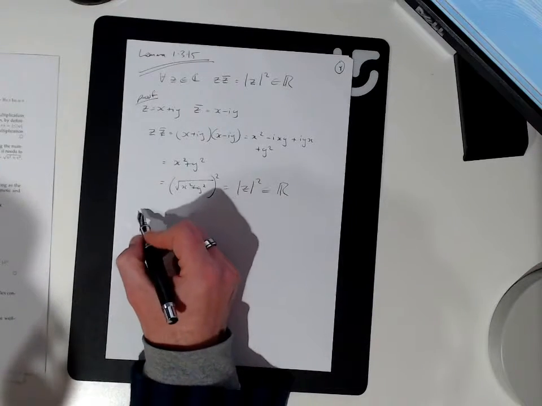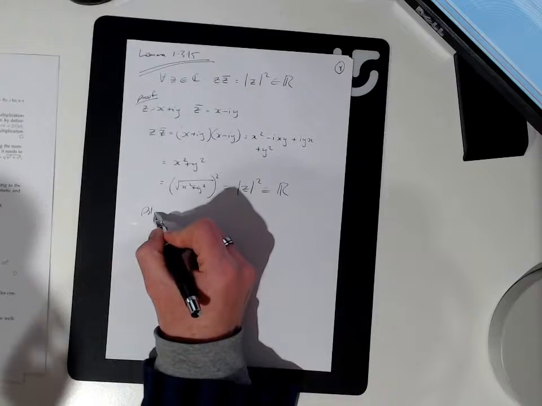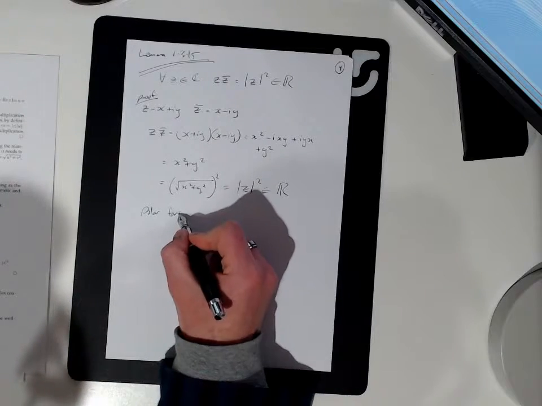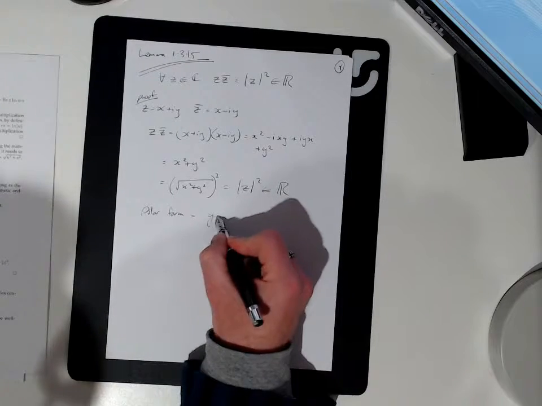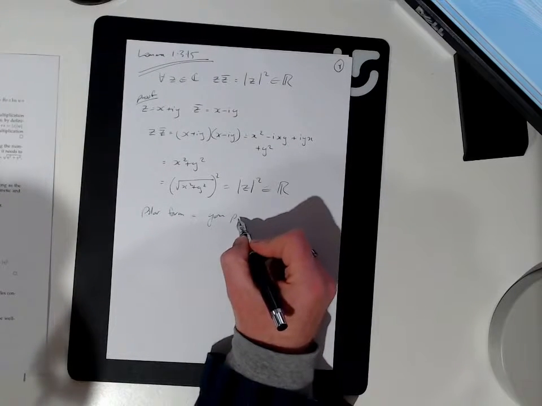Now the proof for this using polar form is pretty good, and perhaps even more direct than this. So you prove it using the polar form.